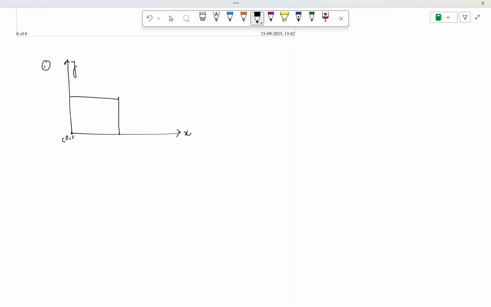This is the origin, 0, 0, call it O. This length is a and this length is also a. This has a total mass of small m, with sigma the uniform mass density, that is, the mass per unit area, because this is a square in a 2D plane, the xy plane.